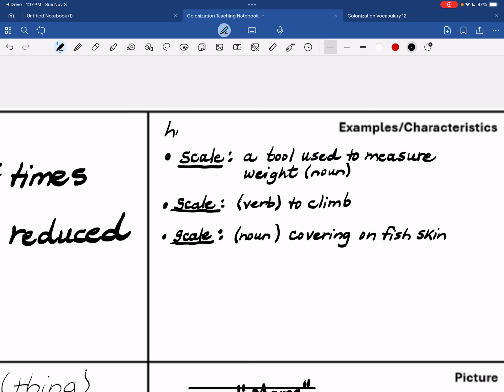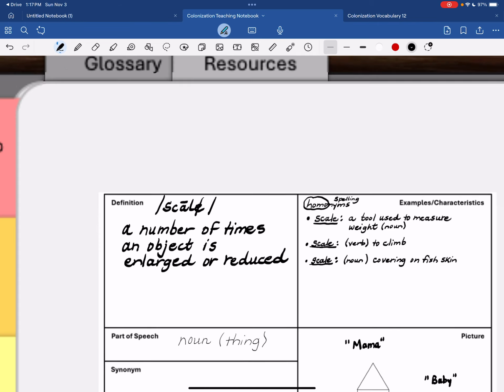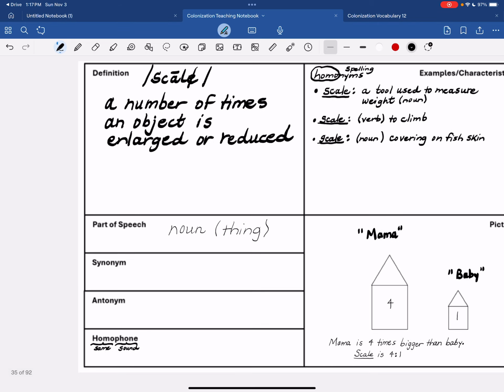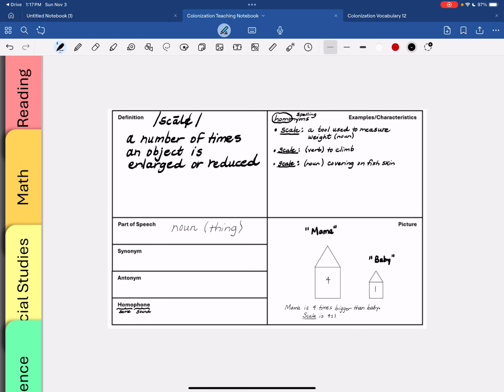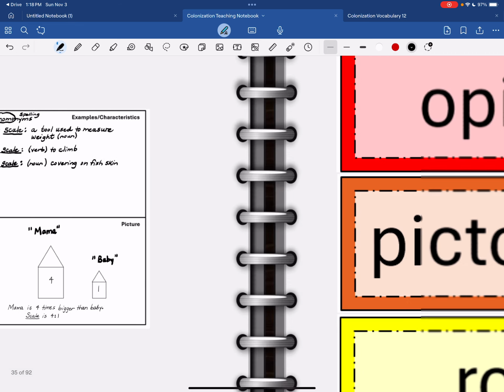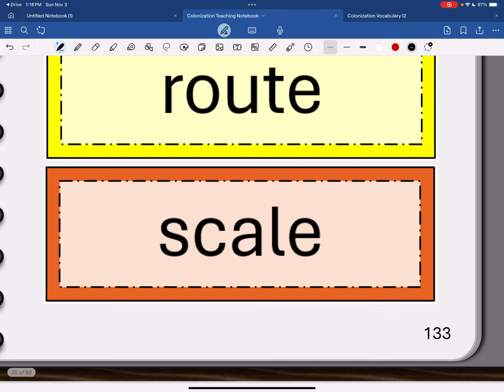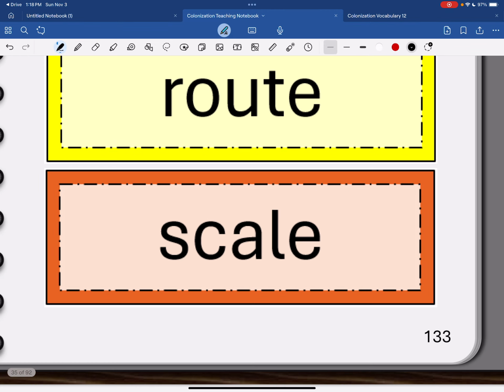These are called homonyms. Again, homo is the same, so it's the same word, it's the same spelling, but different meanings. The word that we're interested in is a mathematical term that involves multiplying or dividing. And you can fold this one up and go ahead and glue it down at the bottom of page 133.